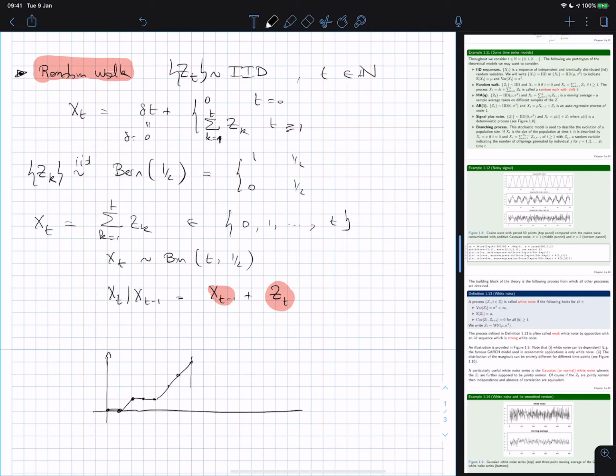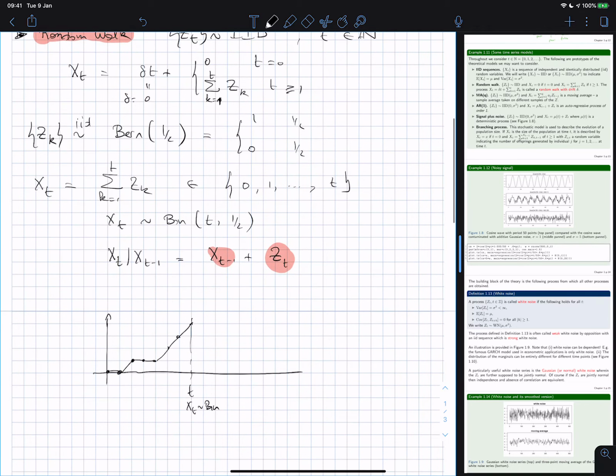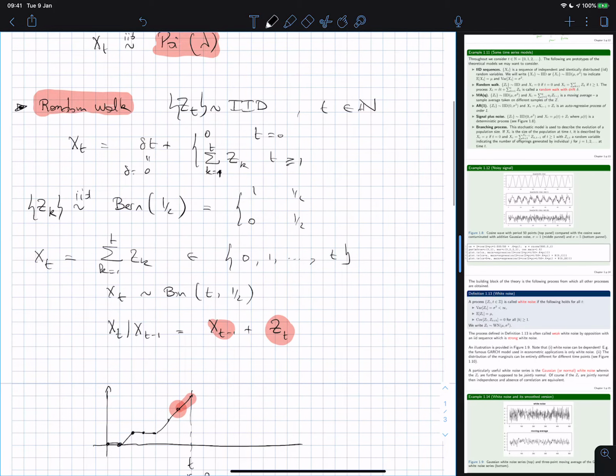So at time t, xt follows a binomial, but the evolution is very strongly dependent on the previous observation. That would be one kind of random walk.